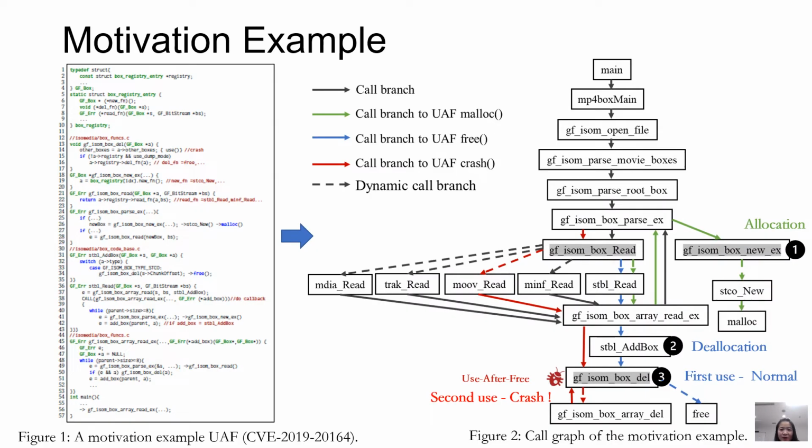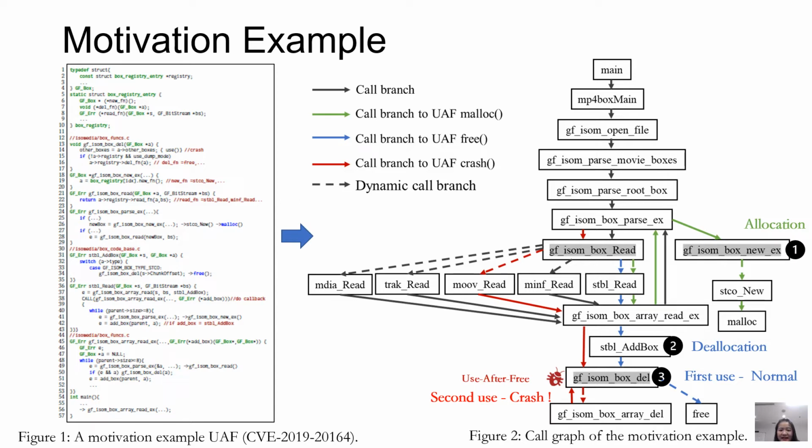This is a motivating example of a use after free vulnerability extracted from a real-world program, MP4Box, and its dynamic call graph. Its occurrence involves 3 steps. First, the execution begins at the main function and arrives at function 1 to generate a heap memory object.